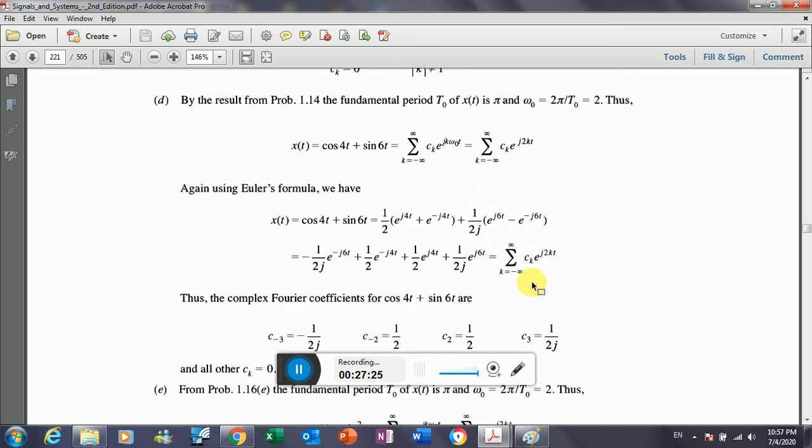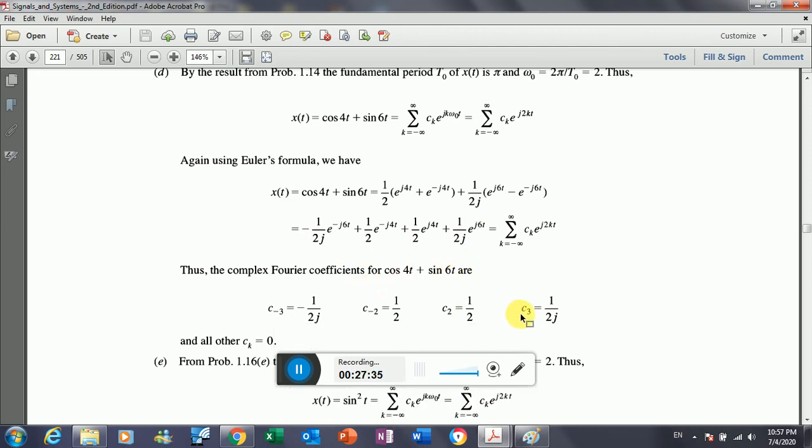Right? So after separating the terms, we get c2, c minus 2, c3 and c minus 3. Right? Because if we compare it with this equation, the value of k is equal to 3 here, 2 here, minus 2 here and minus 3 here.